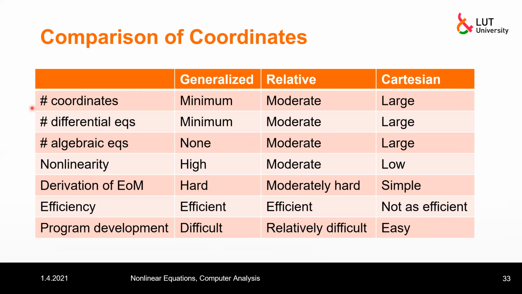The same applies to differential equations, because the number of differential equations is connected directly with the number of coordinates. So this is exactly the same property. And the number of algebraic equations goes like that.